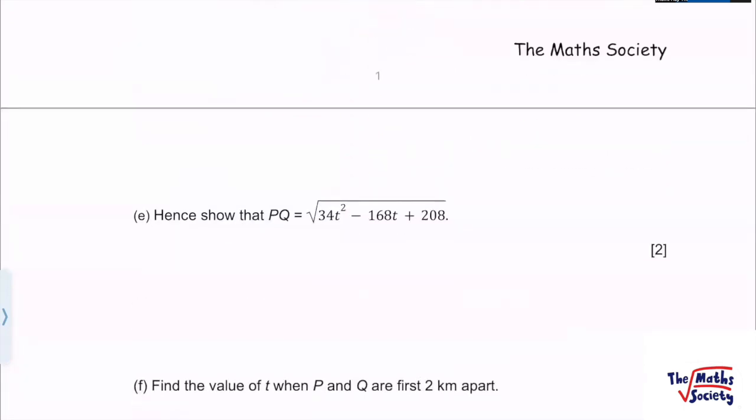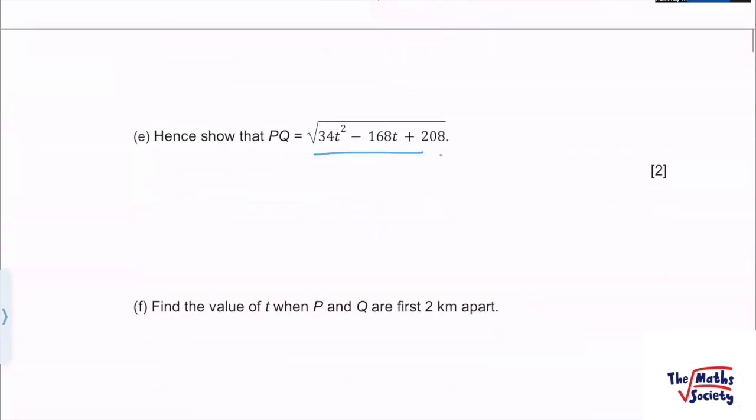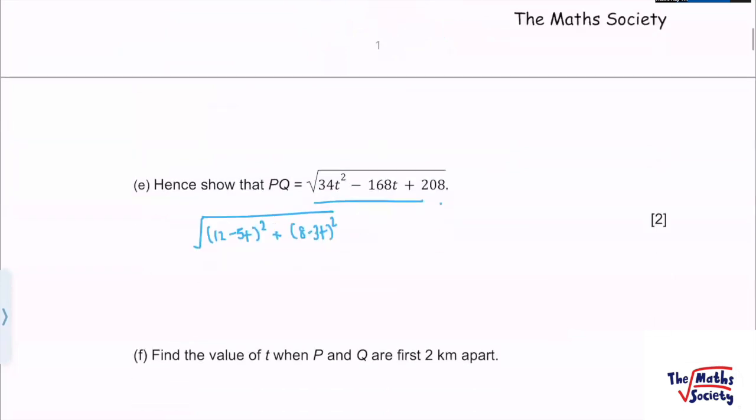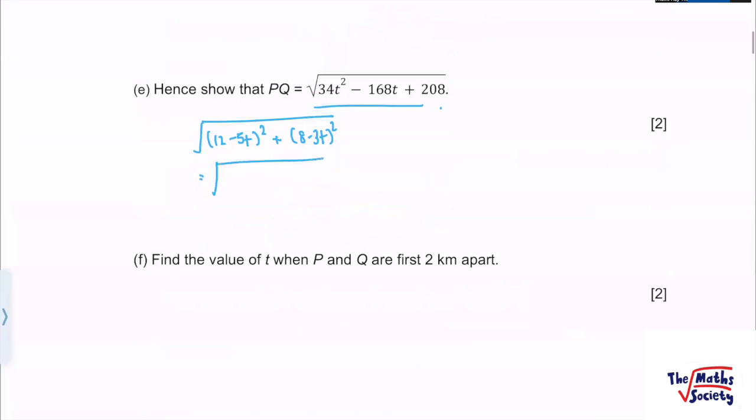And then it says hence show that PQ is equal to the square root of 34t squared minus 168t plus 208. So we know that to find PQ, we're just going to root them. And here we have 12 minus 5t, the whole squared, plus 8 minus 3t, the whole squared. So it's going to be 144 minus 120t plus 25t squared, plus 64 minus 48t plus 9t squared.